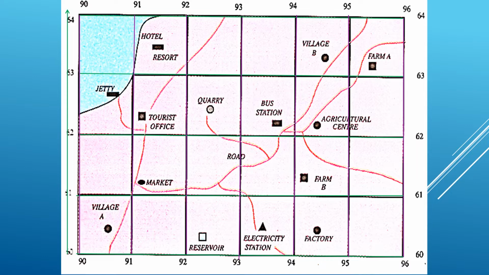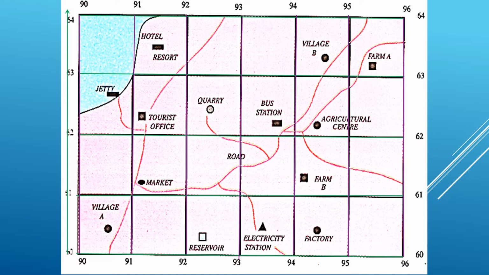That is the reason why we call them northings. So as we said, we start here at 60, 61, 62, 63, 64. If you notice as you're counting, you're going in a northerly direction.